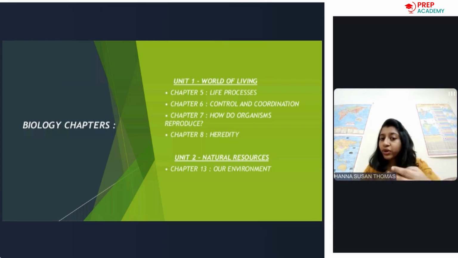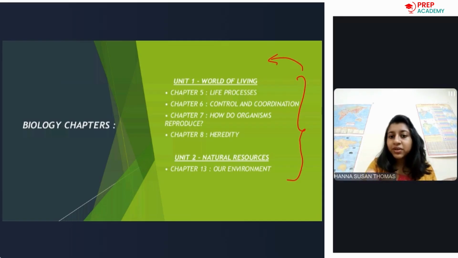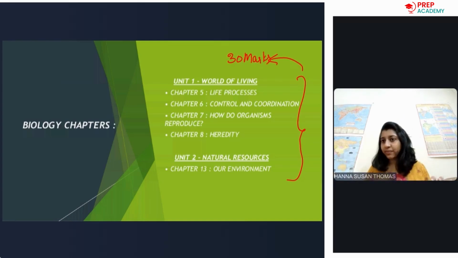And there is one more chapter, our environment, that comes under the unit called natural resources. All these chapters comprise 30 marks in your board exam.